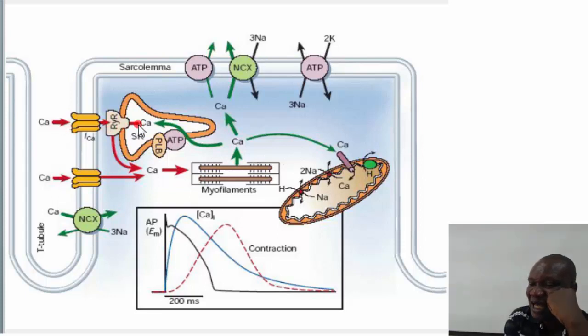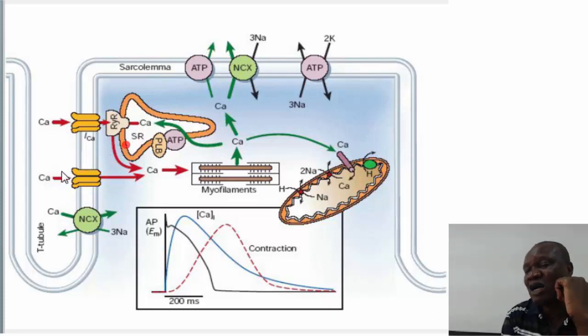Calcium gets in there and causes the ryanodine receptors to open so that calcium will move out of the sarcoplasmic reticulum. So calcium is inducing the release of calcium from the sarcoplasmic reticulum, which is the calcium store. So we call this calcium-induced calcium release.